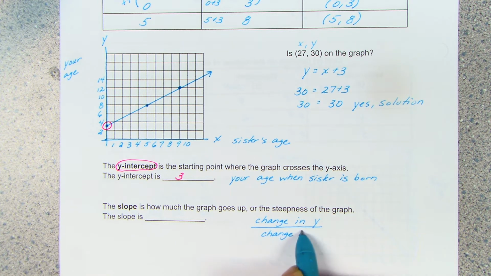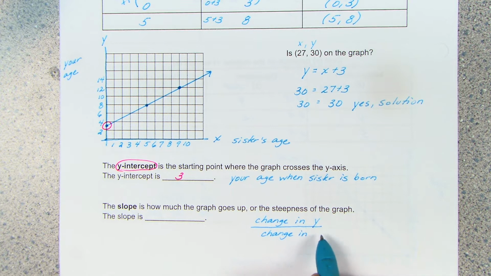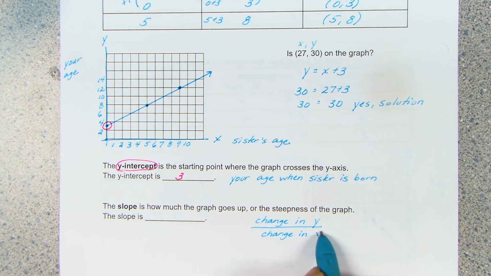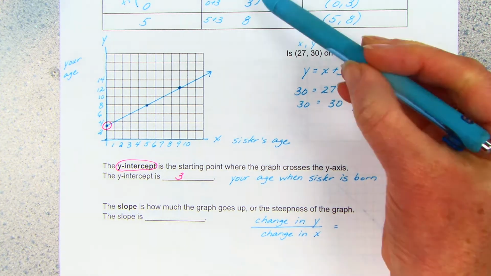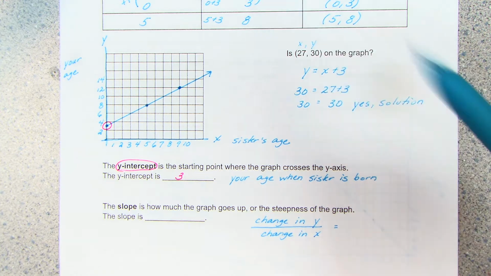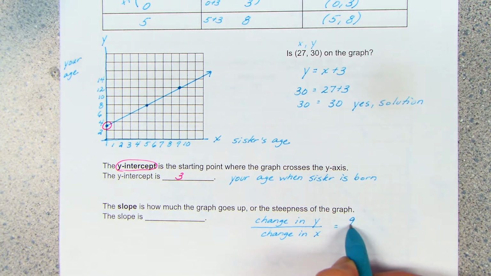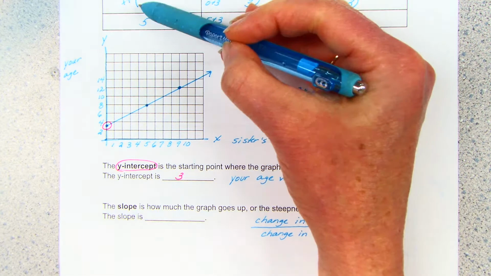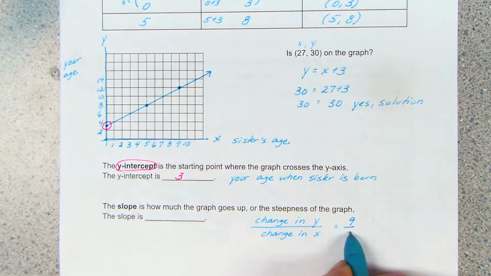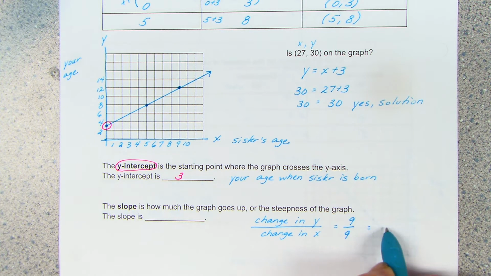You'll do this a whole lot in 8th grade. Okay, but if I look at this y value, I can see that it is changing by 9. And the x value is also changing by 9. And if I simplify that, that simplifies down to 1.